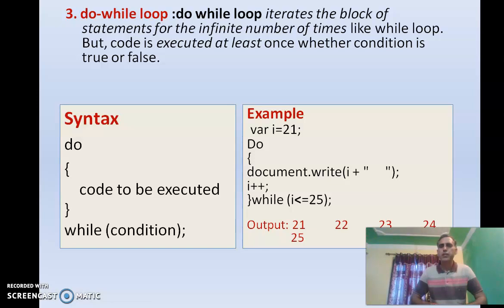But if the condition is false, then the control goes to the next statement. This loop will display 21, 22, 23, 24 and 25. Like while loop, the counter variable is inside the body of the loop.